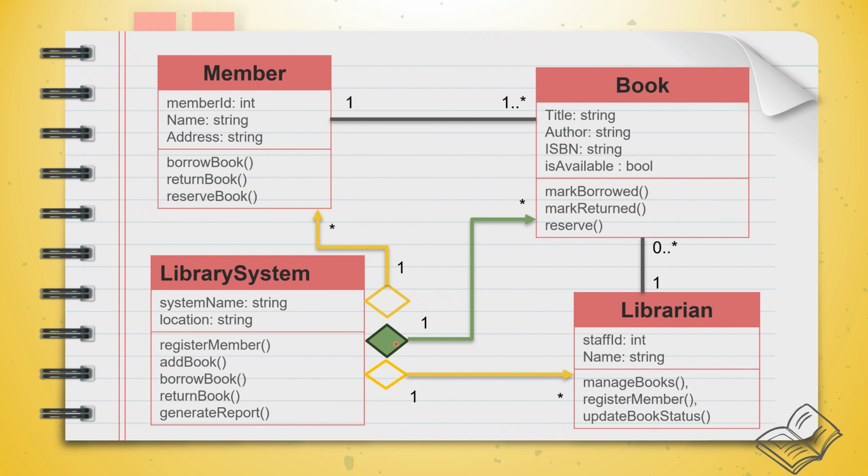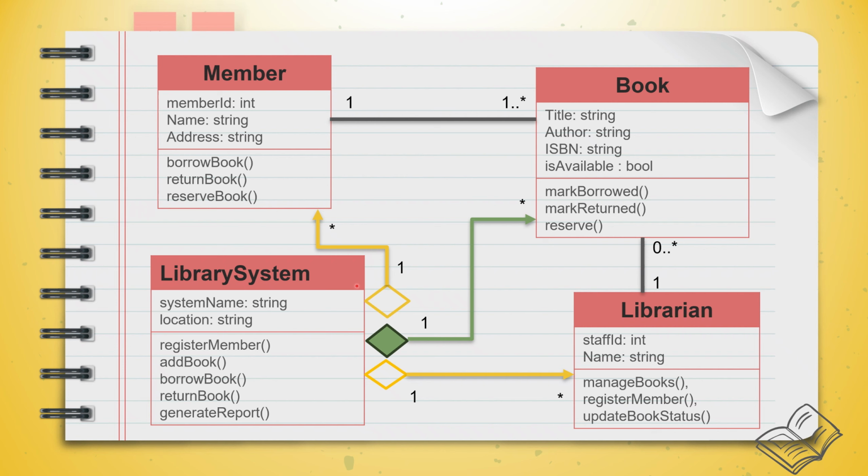Let's see the relationship between library system and the member. It is an aggregation relationship. Members are associated with the system but exist independently. So this is the aggregation relationship. The members are associated with the system but exist independently, not destroyed when the system is.